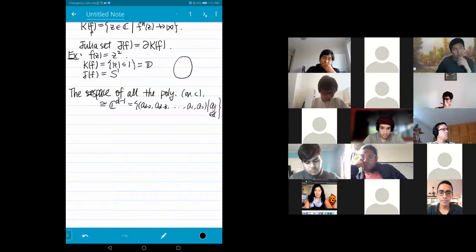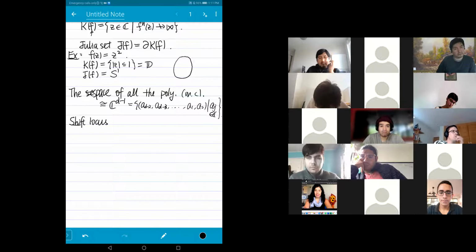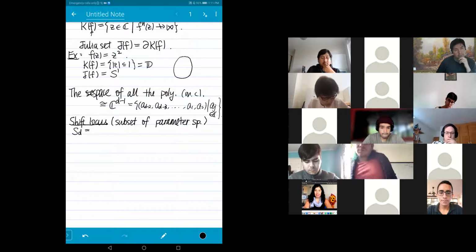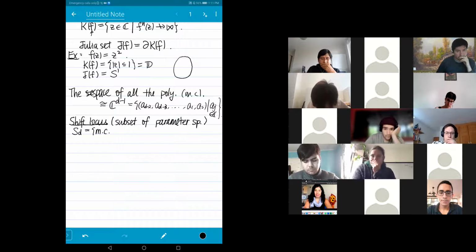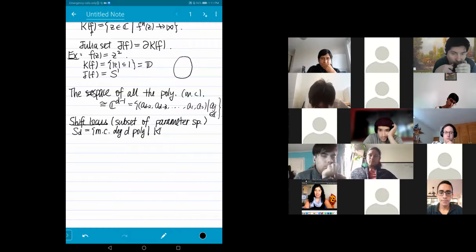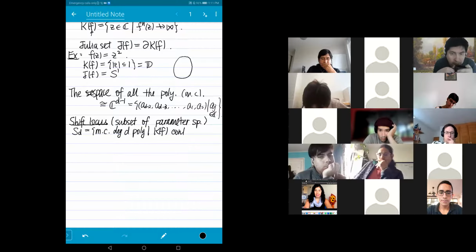And we want to consider something called the shift locus. So this is a subset of the parameter space. This is defined as S sub D. So the shift locus in degree D is the set of monic centered degree D polynomials such that the filled-in Julia set contains no critical point of the polynomial f.